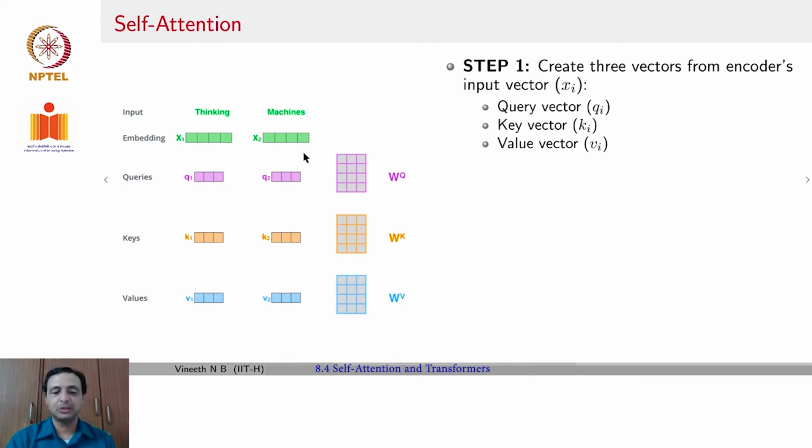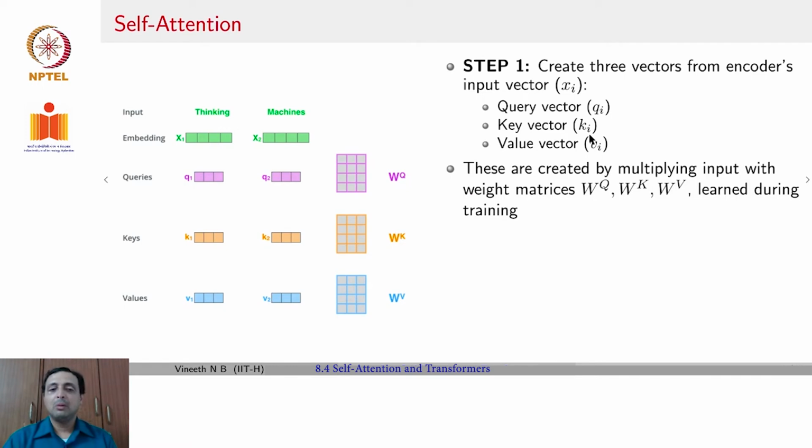So given these inputs to the self-attention module, there are three vectors that the self-attention module creates. These vectors are known as the query vector q, a key vector k, and a value vector v. We'll see how these are used very soon. But how are these vectors created?